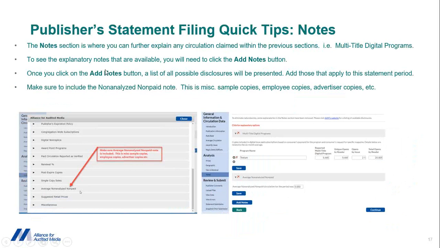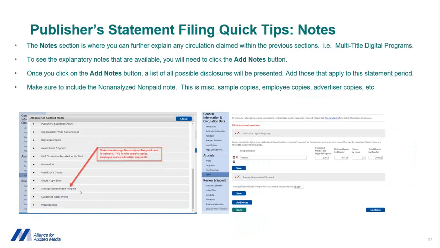The next section in the filing tool is the notes section. This is when you get to go and explain further information about information that's housed in your publisher statement. Really, one of the popular ones for explanation is your multi-title digital programs. The other thing that you will need to note is your non-analyzed, non-paid distribution.